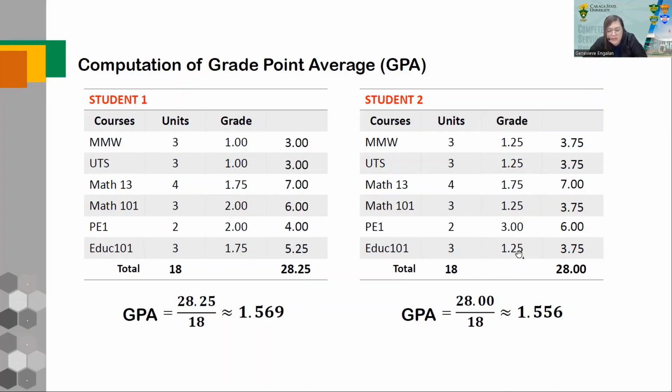Pero mao ni iyang mga grades, no? So 3 times 1.25, then i-total divided by 18. So you have 1.556. So tanaw na to, even if wala siya uno, flat 1, mas dako pa siya GPA kaysa kang student 1 nga naay duha ka 1.